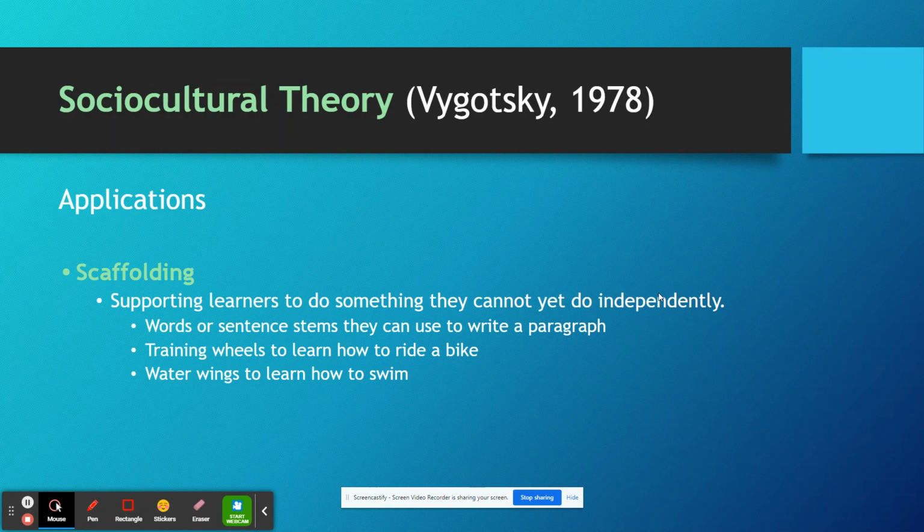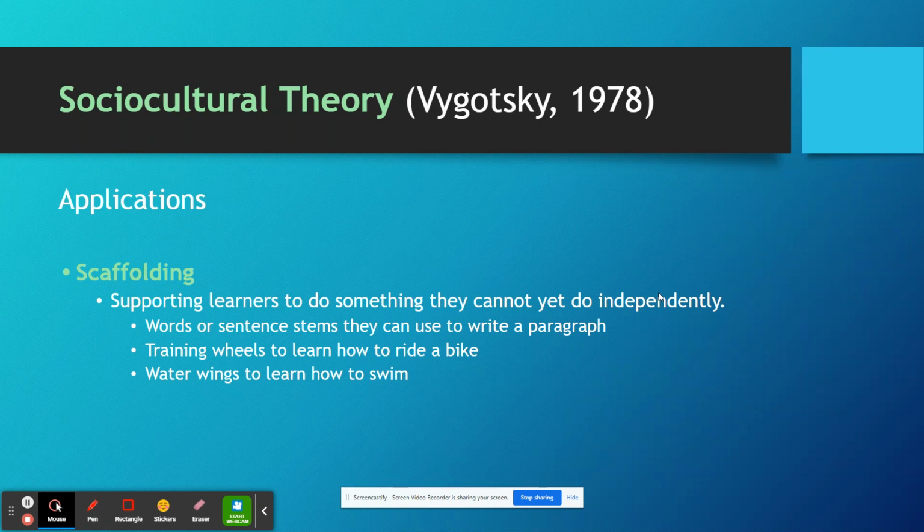So if you're providing all that support to help them write a paragraph, that's scaffolding, because maybe they can't write the paragraph on their own, but if you provide the list of words and the sentence stems and the structure, and help them to do it, and maybe even talk them through it, yeah, that's all scaffolding.